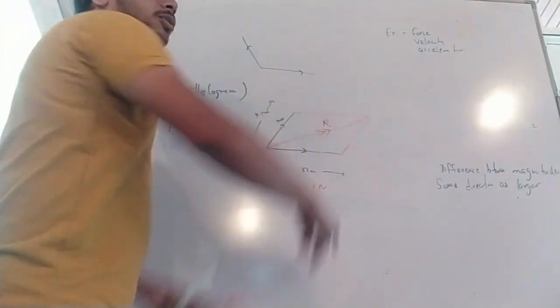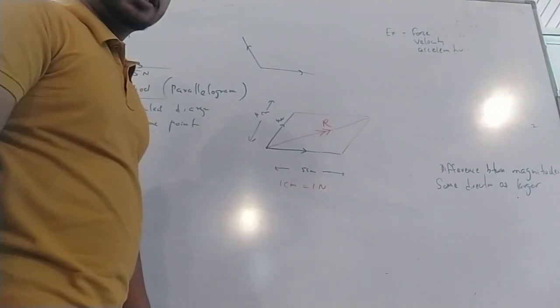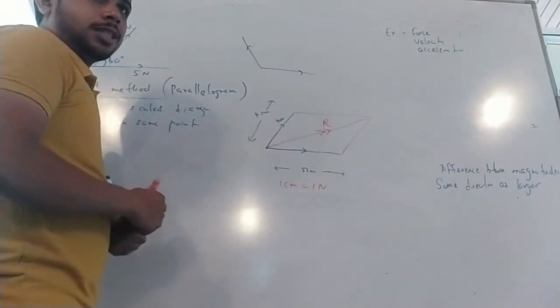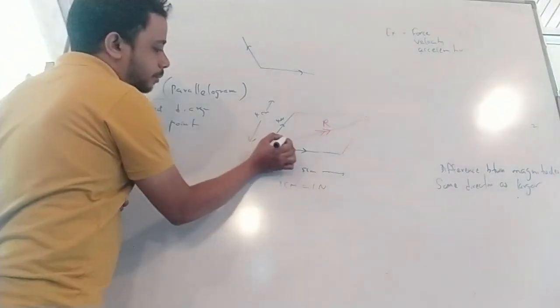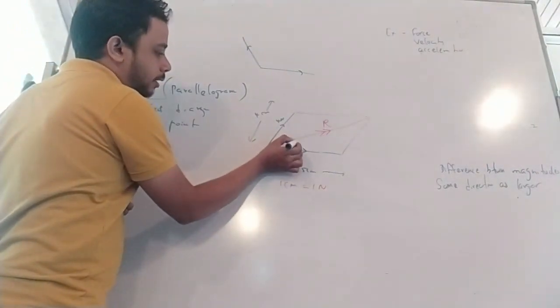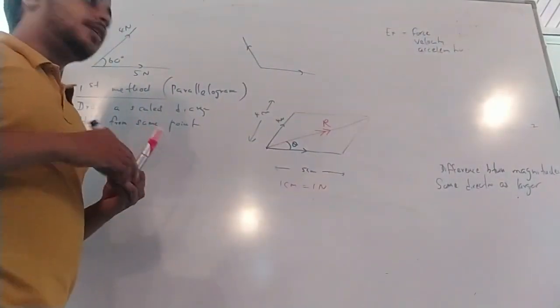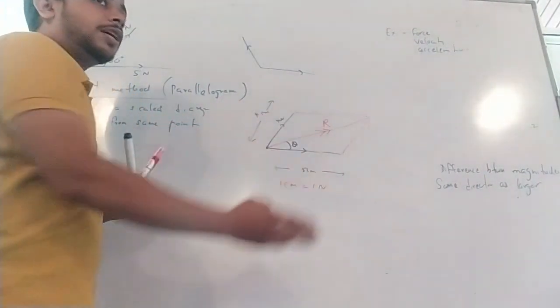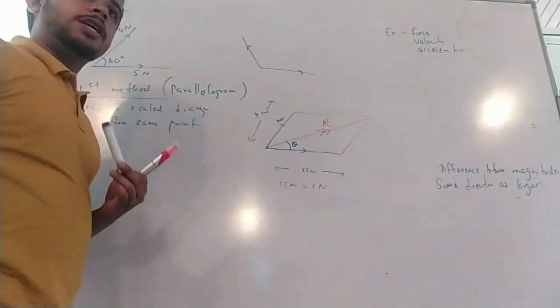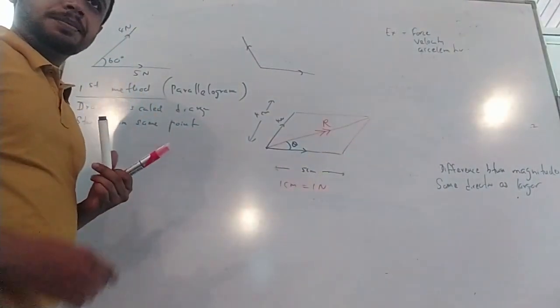So the resultant force is 8 Newtons. Understood? And the direction we give as an angle, either this angle or even this angle. So you can say the resultant is 25 degrees with the 5 Newton force. Clear?